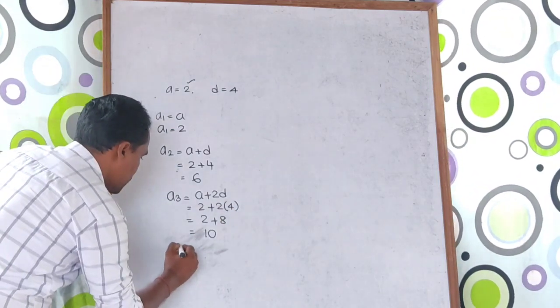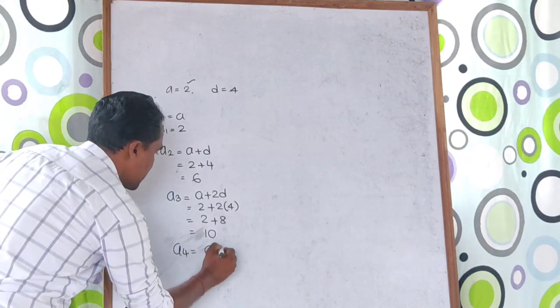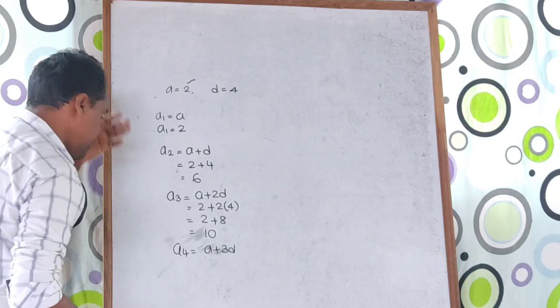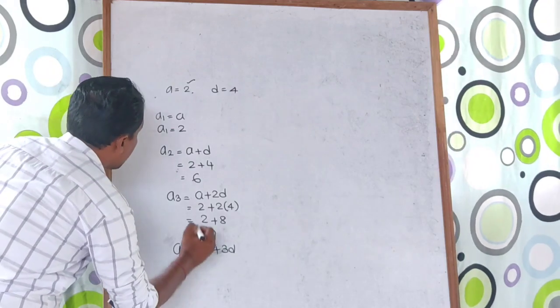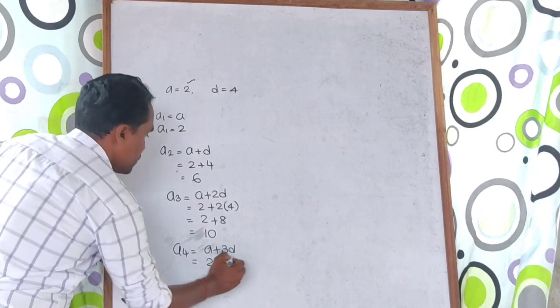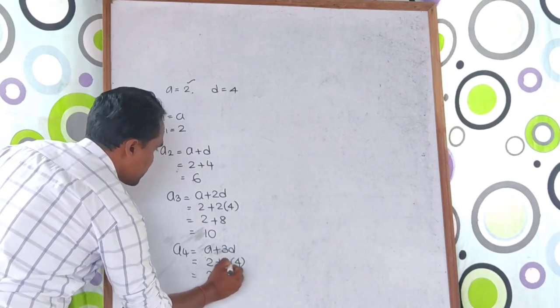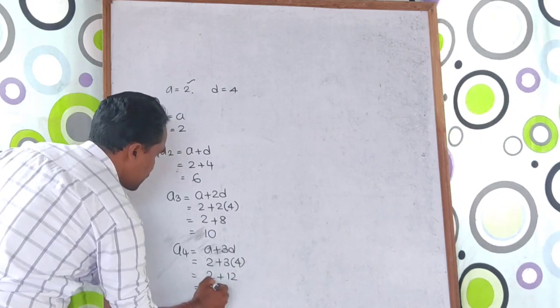If you want to find the fourth term, then you should take A plus 3D. Substituting again A equals 2 and D equals 4, 2 plus 3 times 4, that is 12, it is 14.